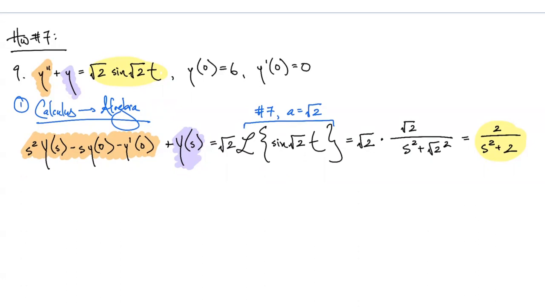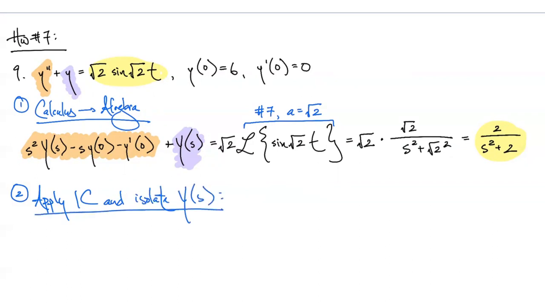Now our goal is to go ahead and apply our initial conditions and then solve or isolate for our uppercase Y of s, right? So we want to apply initial conditions and isolate our solution in algebra land.